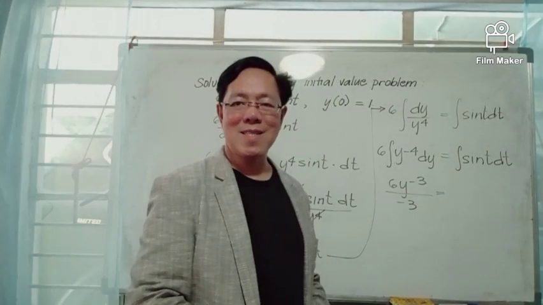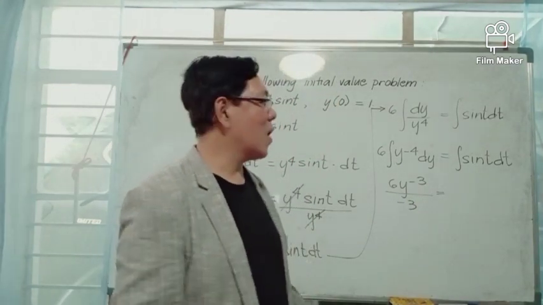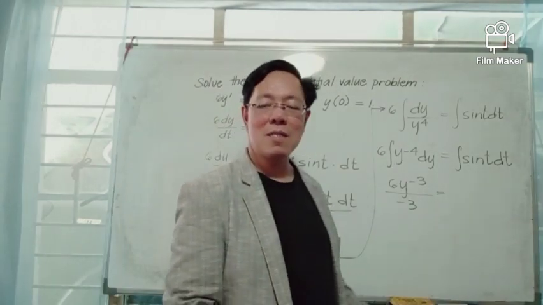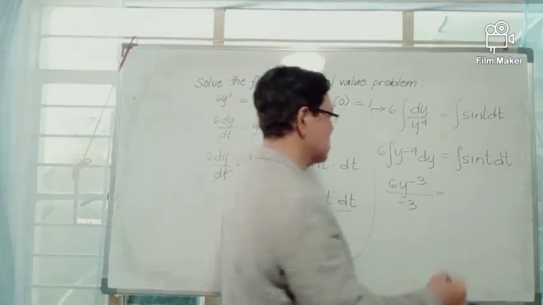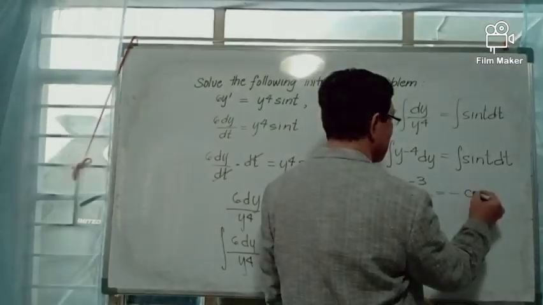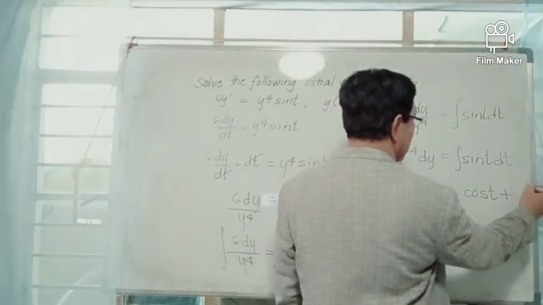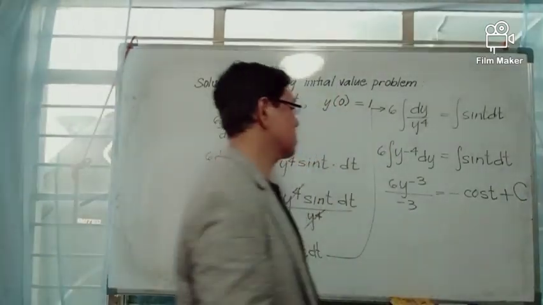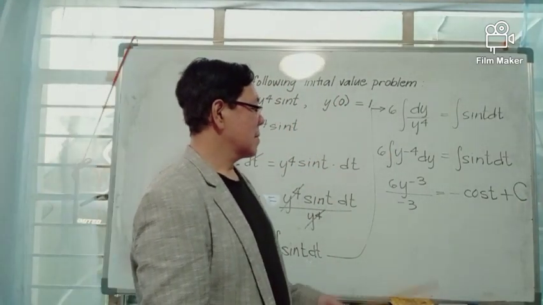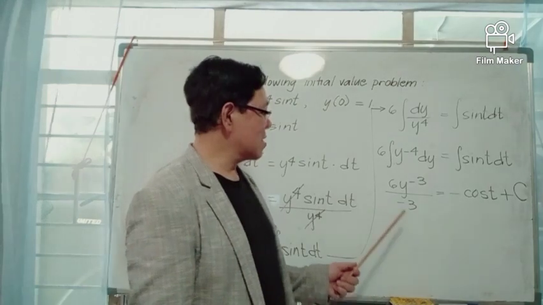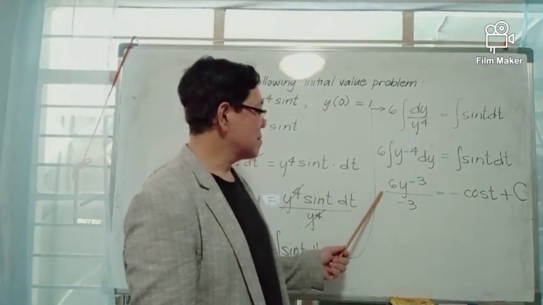And from your integral calculus, the integral of sine t is negative cosine t, plus the constant of integration c. And we still can simplify the left-hand side.